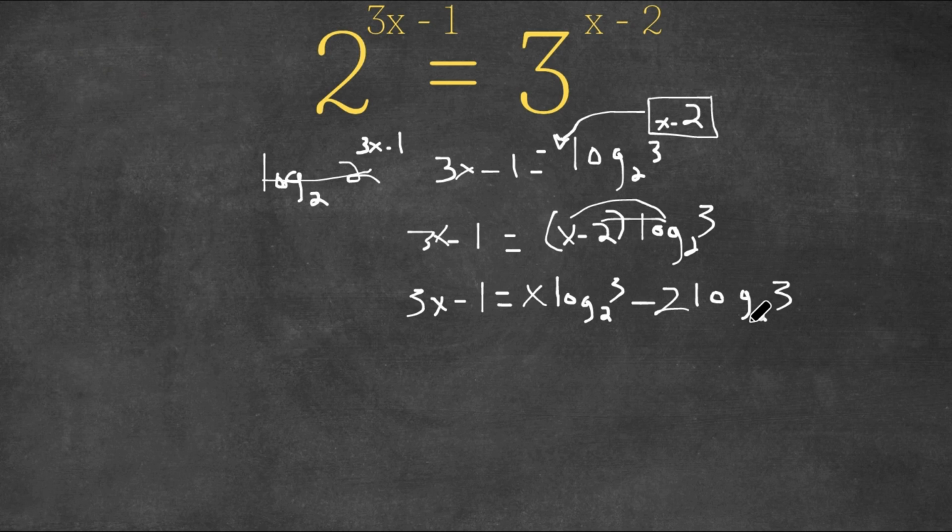All right, so now as you can see, we have our equation here. And now we want to get all the terms with x on one side. So I'm going to add 1 on both sides to get rid of 1 on this side. And then I'm going to subtract x log on both sides so that all the terms with x can be on the same side.